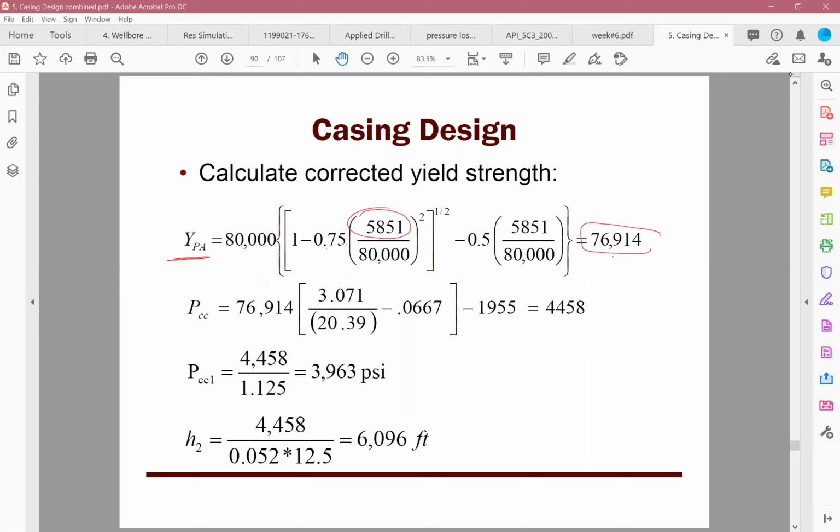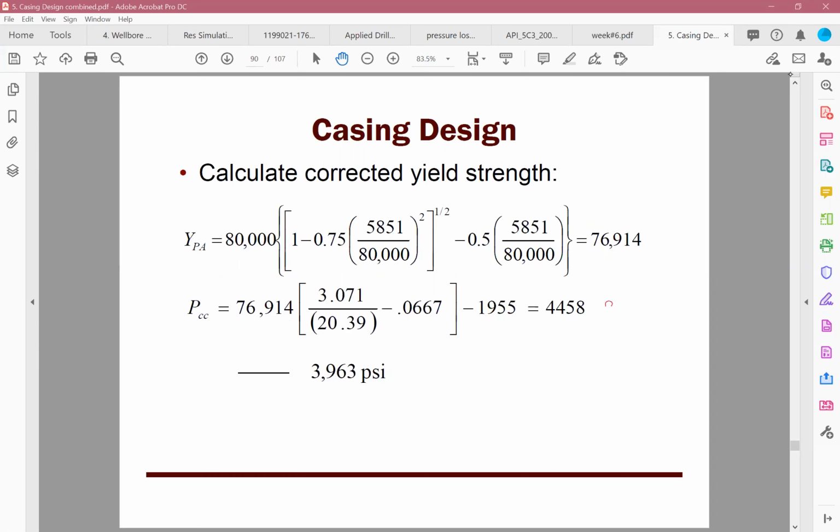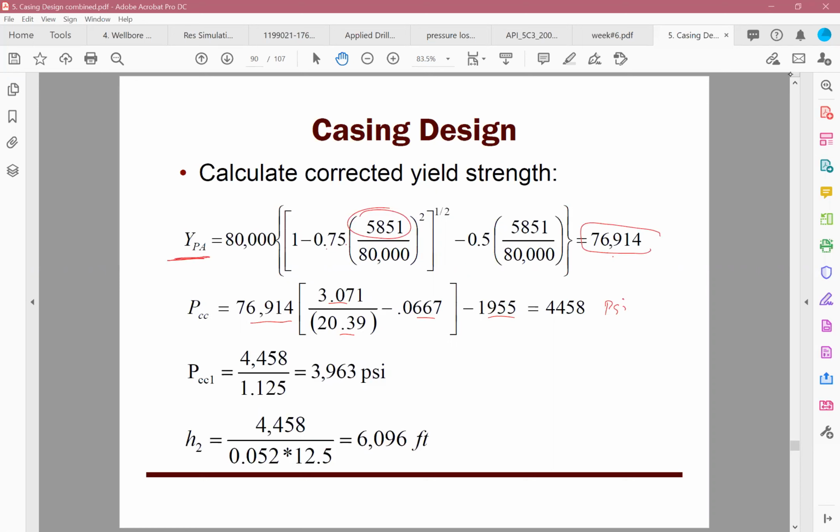It's the same, right? So we use the same equation, 76,000 this time. A, B, C, D over T ratio, you get the new collapse rating, which is 4,458. You divide it by design factor, you get 3,963 psi.